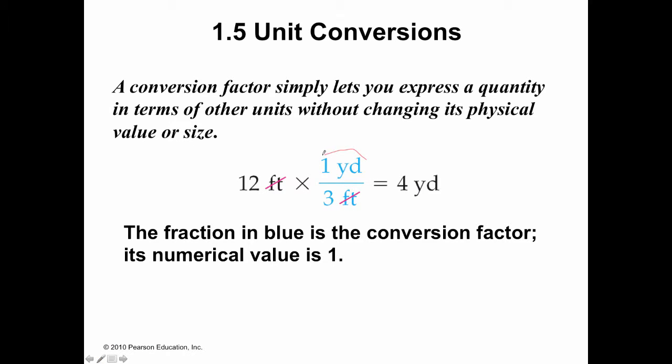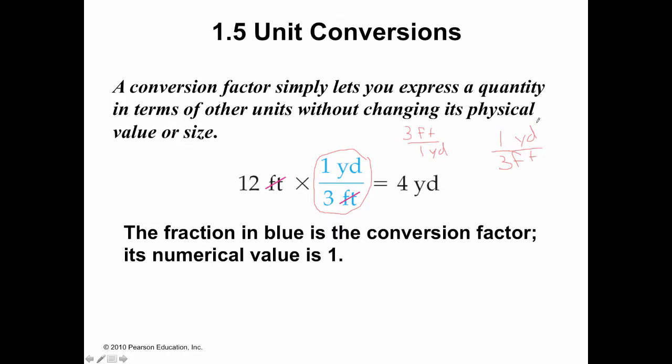And so basically, remember that 1 yard is equal to 3 feet. We could write that as 1 over 3, where this is 3 feet, which is what we have here. And so basically 1 yard is compared to 3 feet. We could also say 3 feet per 1 yard.